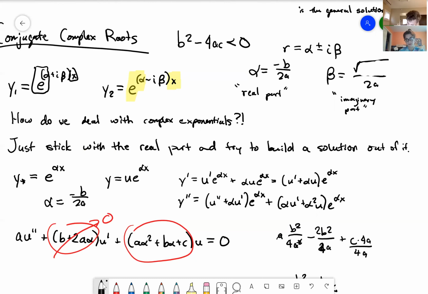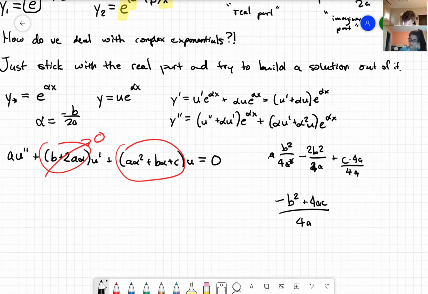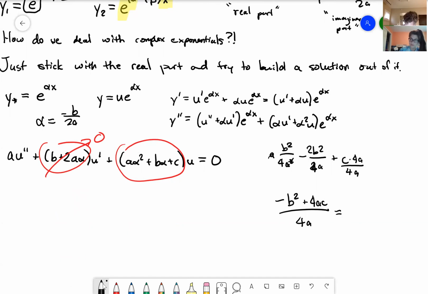Here we go. Since b squared minus 4ac is negative, we're going to factor out a negative 1 and rewrite this as 4ac minus b squared. Okay, so then 4ac minus b squared is positive, and we can take the square root of that, so that's a real number. It's just the factoring out of this i, so that's the square root of negative 1. So in the numerator of beta, we had the square root of 4ac minus b squared.